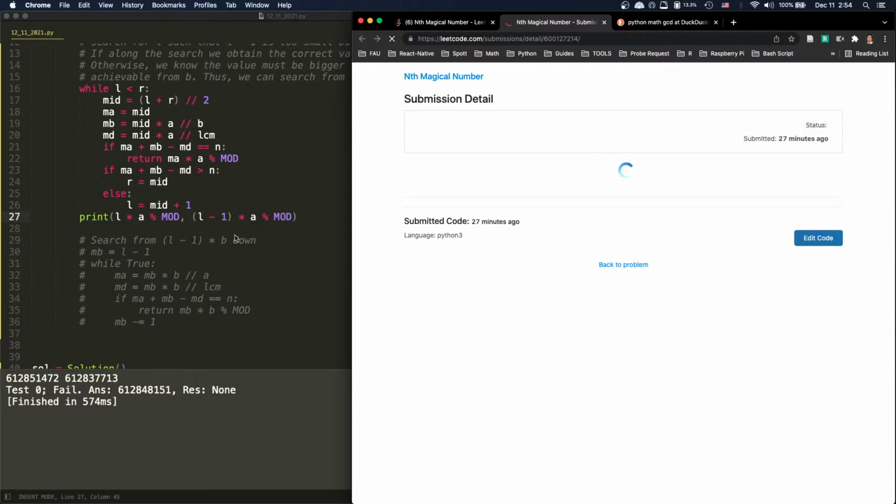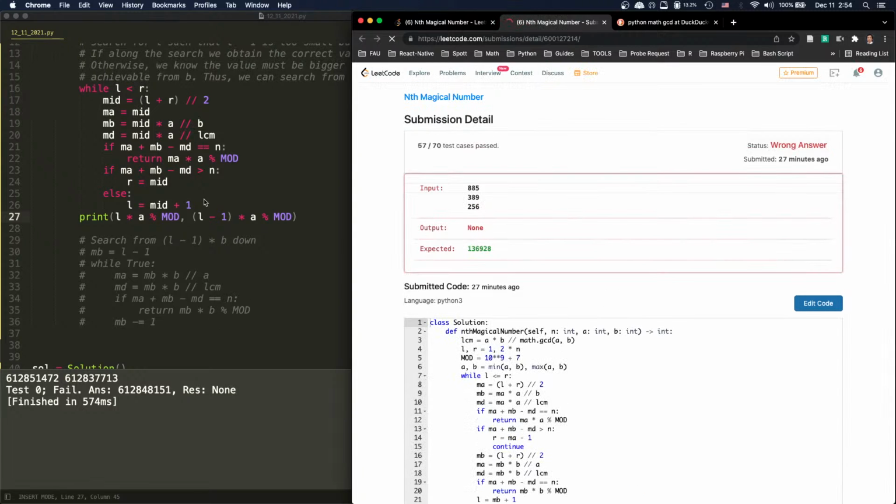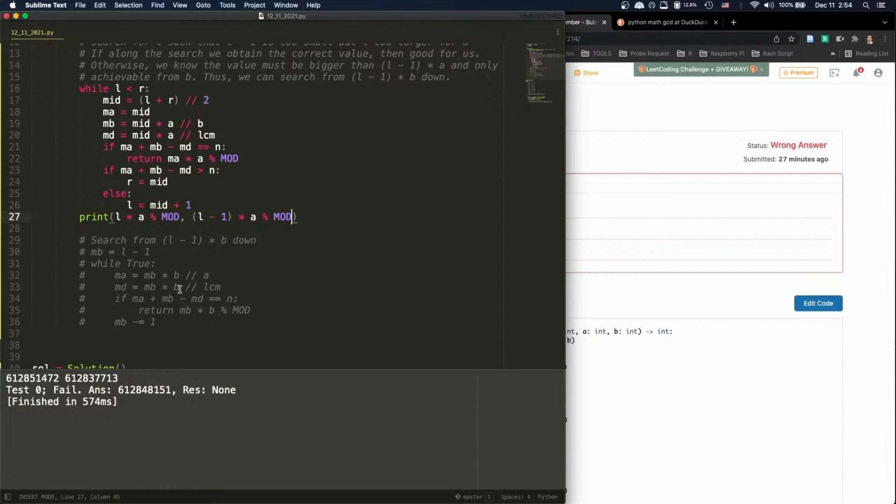Well, but if it works for the other one, why would this one not be right? Want to try? Or we can print this. All right.